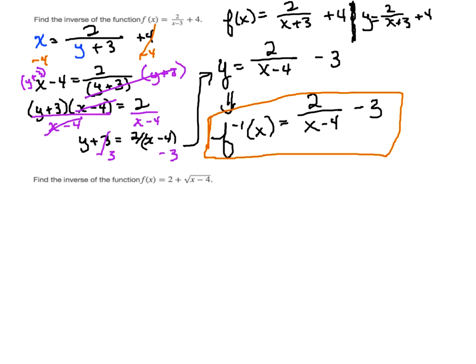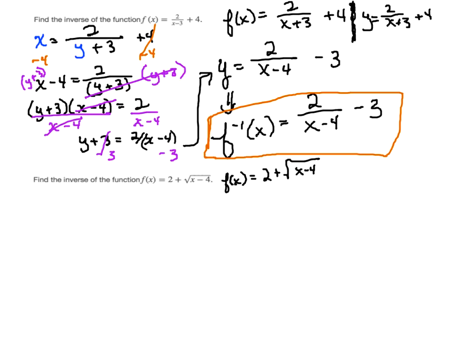Okay, so we've got another one to look at here. We start out with f of x equal to 2 plus the square root of x minus 4. Now don't forget, we're going to have a restricted domain for this one. Actually, there's a restricted domain for the first one as well.